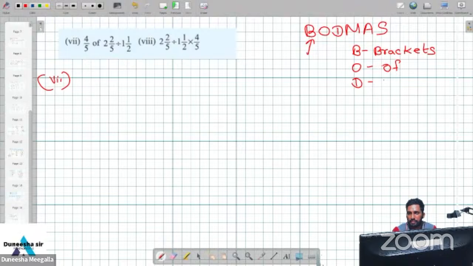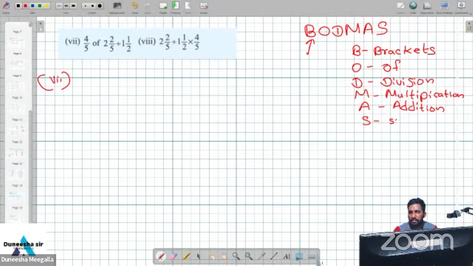Then what does M stand for? Multiplication. Then what does A stand for? Addition. Okay, then S is subtraction.